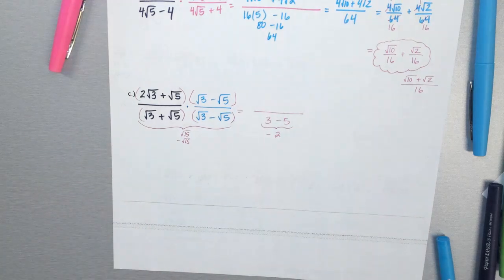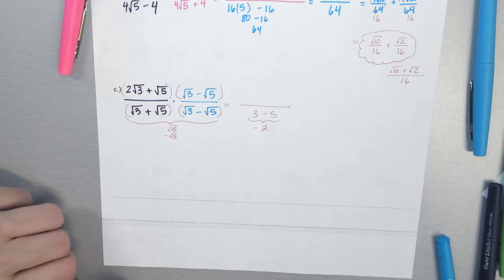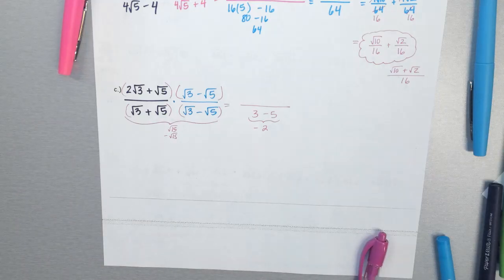Okay, and now we're going to FOIL the numerator. Okay, so I'm going to give you a moment to do that. So this is going to be like what we did on the first page. Okay, so just focus on the numerator times the numerator.